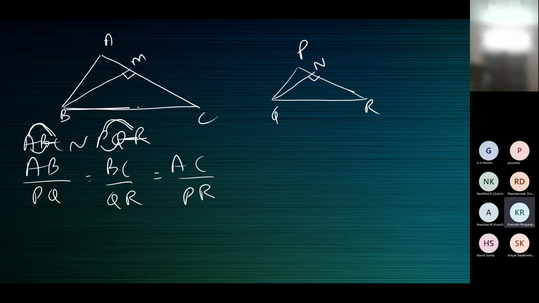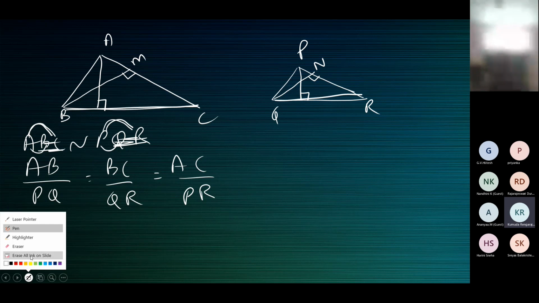So the side BC corresponds to QR. So if you take the altitude like this on BC, the corresponding altitude will be the altitude on QR. So same thing holds good for medians and angle bisector segments.